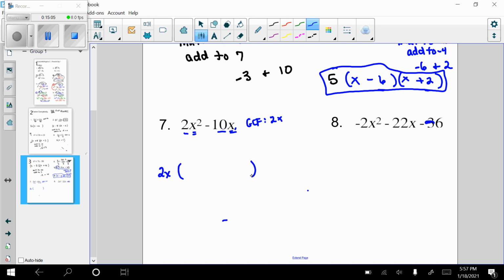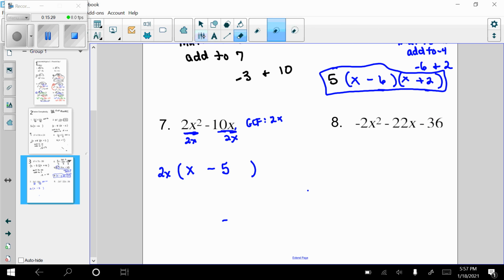If I do that correctly, I should have a binomial left. So I have 2x and 2x. So here my 2's cancel. X squared over x is equal to x. And 2x goes into 10x 5 times, and that needs to be subtraction. That one was a little bit easier factoring.